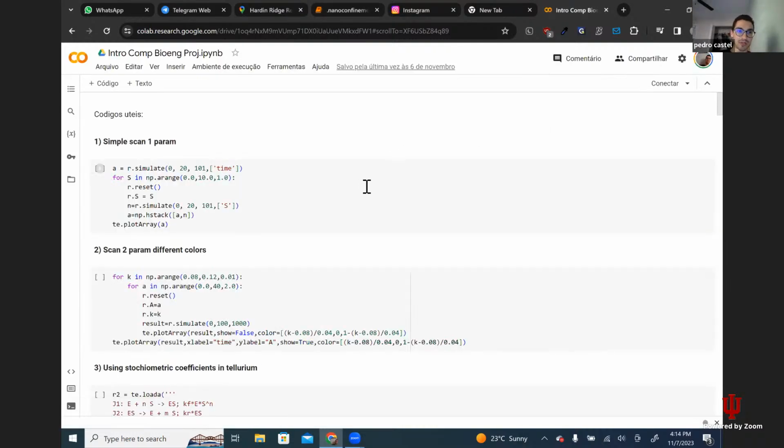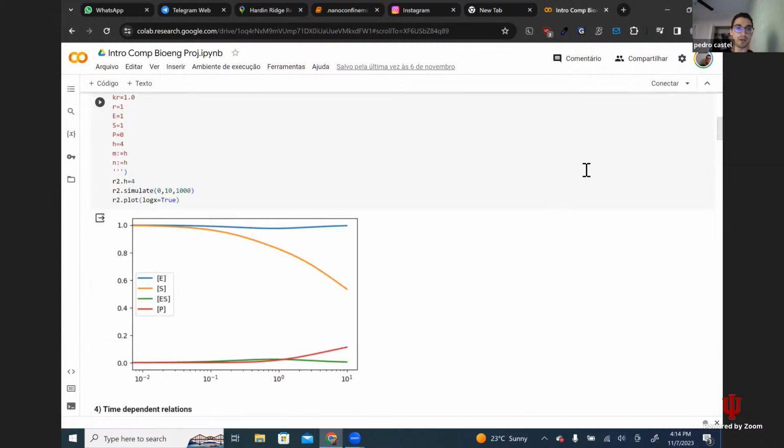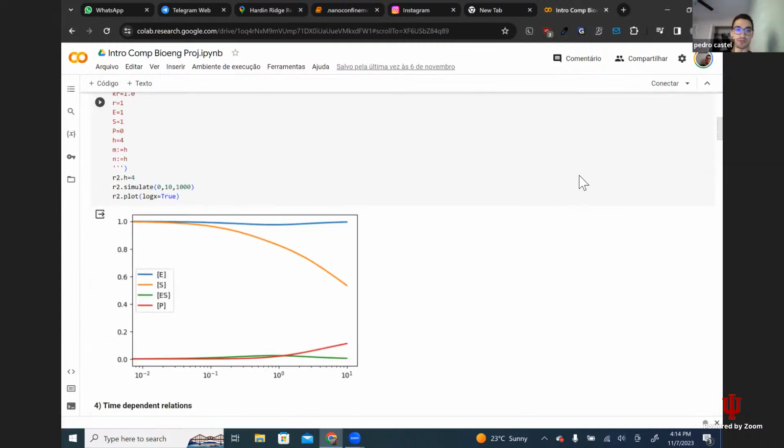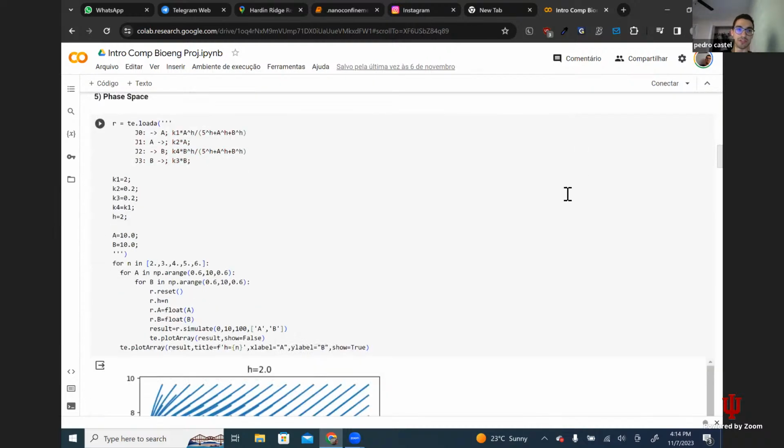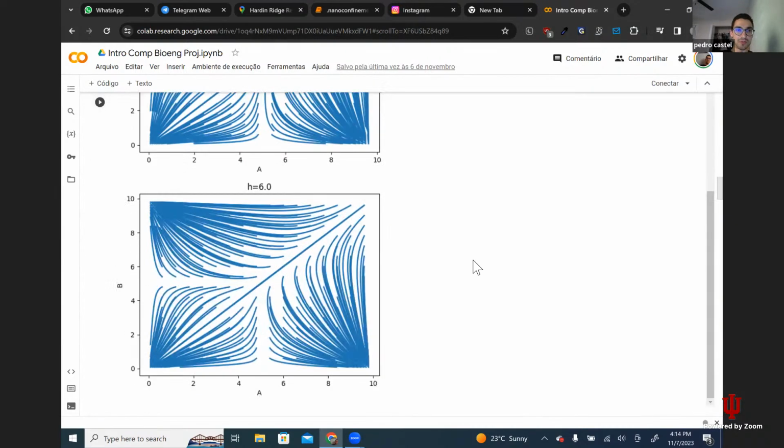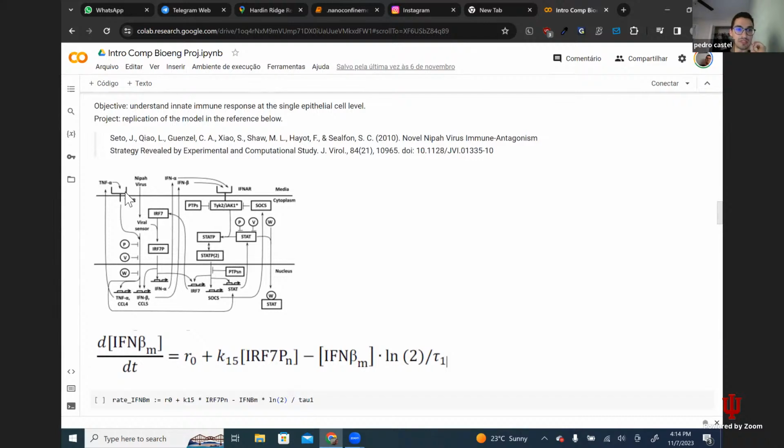Yeah, so I'm working on replicating a model of innate immune response to viral infection. Let me go down to my project. So this is the network. There are a few proteins that respond to viral infection.